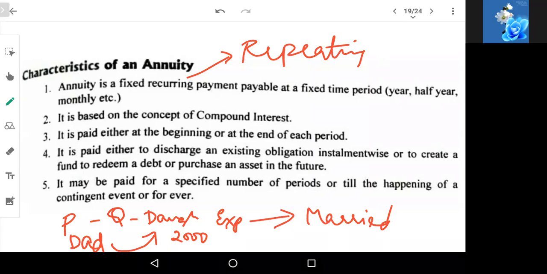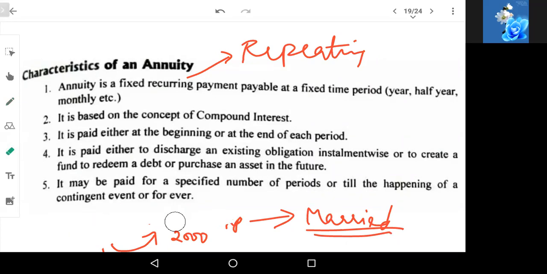Anything she can use it for. So that is for the happening of an event, but firstly, they are talking about a contingent event. So marriage is not a contingent event.